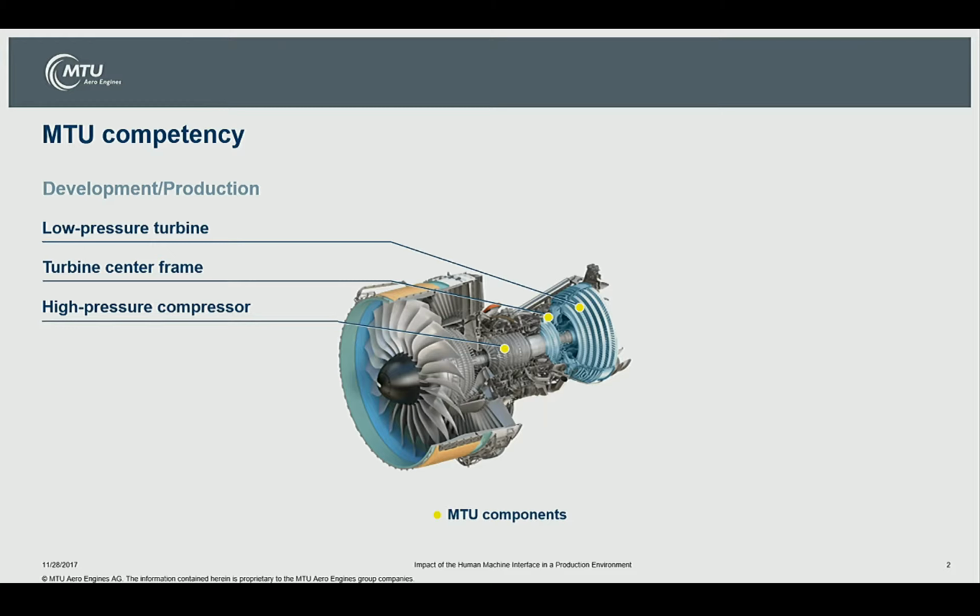MTU Aero Engines is a supplier of engine subsystems. We are not an OEM like the big ones, like Pratt, GE, and Rolls-Royce. We are a supplier of subsystems for several military jet engines. We are developing such systems, and we are manufacturing such systems.